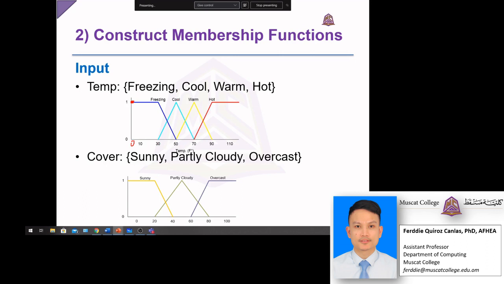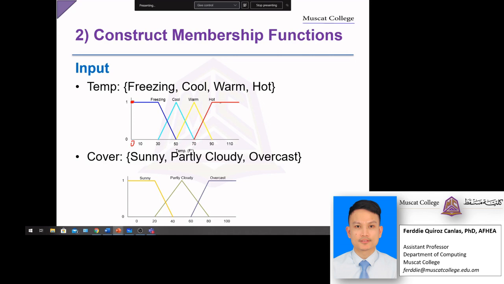Cool is 30 to 70. Then warm is 50 to 90. For hot, we have 70 up to 110.